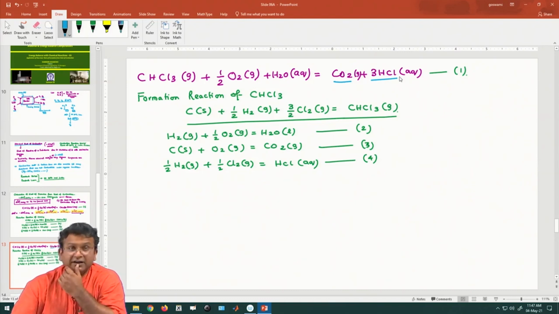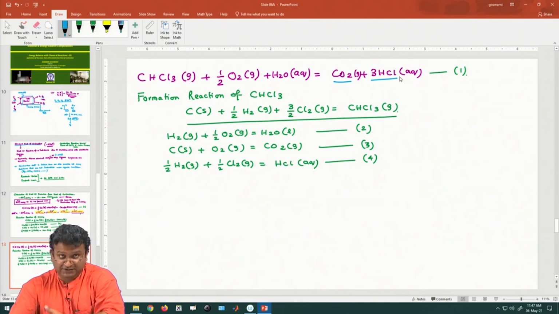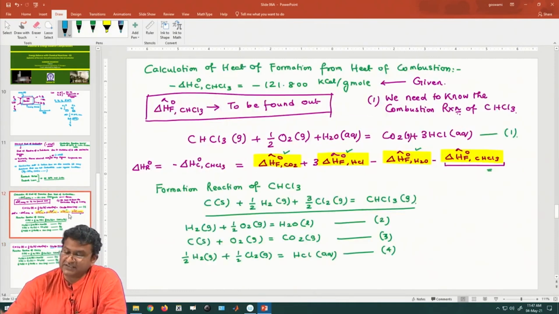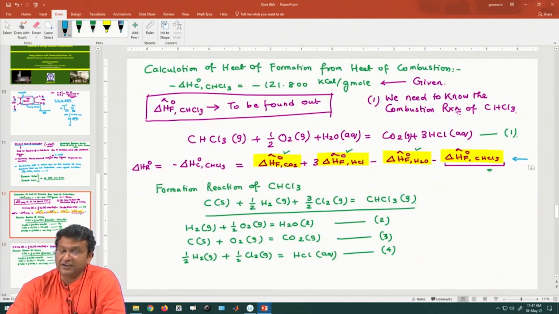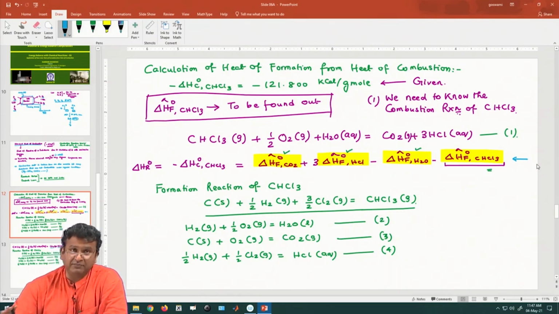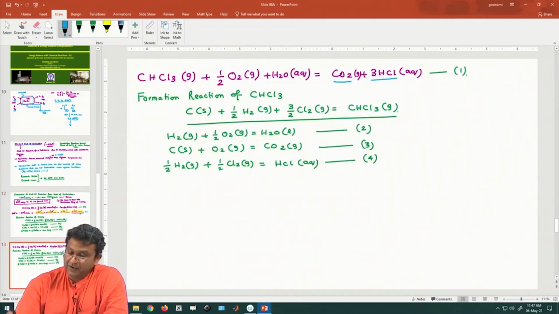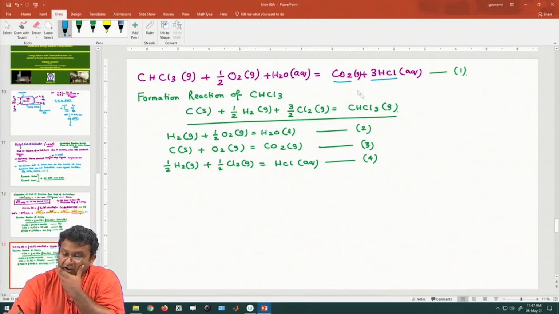So, let us get started with getting something that on the right hand side will give us CO2 plus 3HCl. I have already told that for this problem you can go to the previous stage, straight away plug in the numbers here and get a solution. But the reason I am taking this longish route is to demonstrate where Hess law comes into the picture. So, what we first do, we try to match these right hand sides.